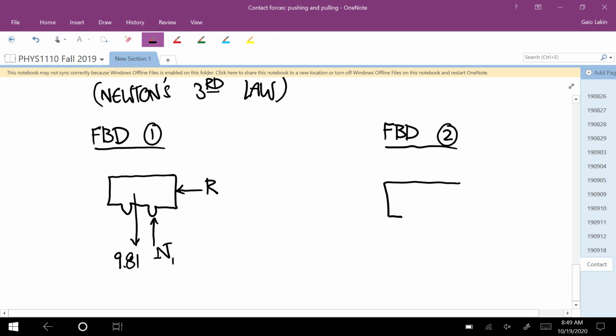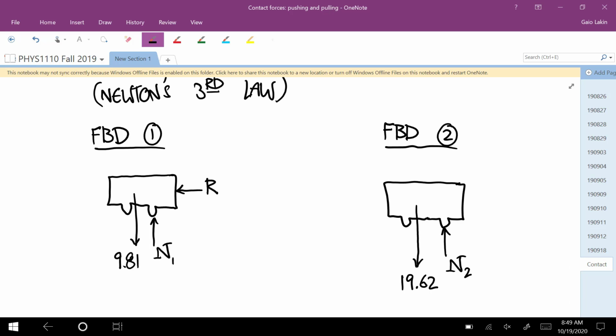Okay, so we have the downward force of gravity, 19.62. We have a pushing force from the ground, N2. And then when we get to the pushing force on the 2 kilogram cart from the 1 kilogram cart, it's still this direction.